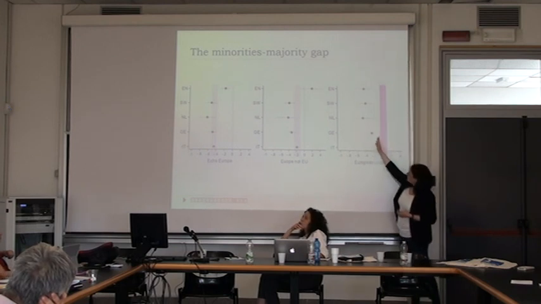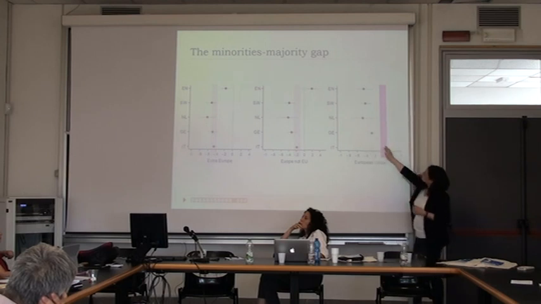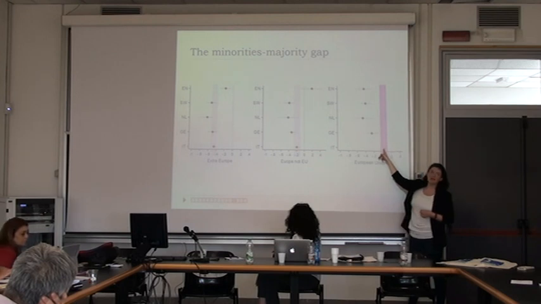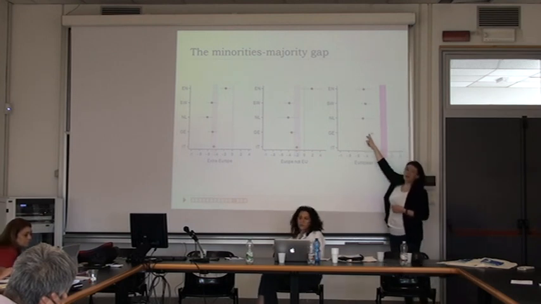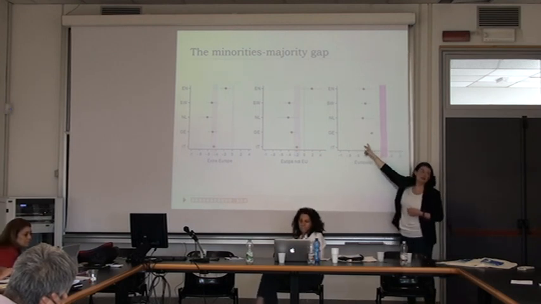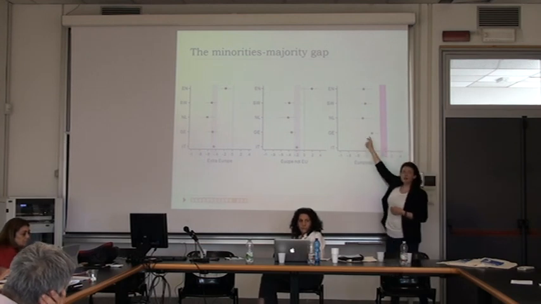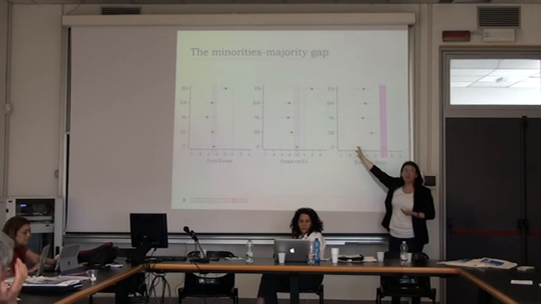Of course we cannot see the overlap with the others, but what we can see is that this difference is not statistically significant. The difference for all the other countries is statistically significant from the average. So that means that here we don't have a gap. In all the other countries, with the model of incorporation, we have a gap.